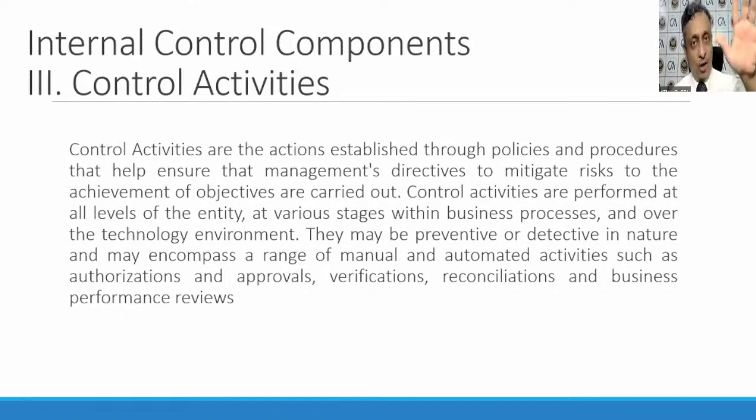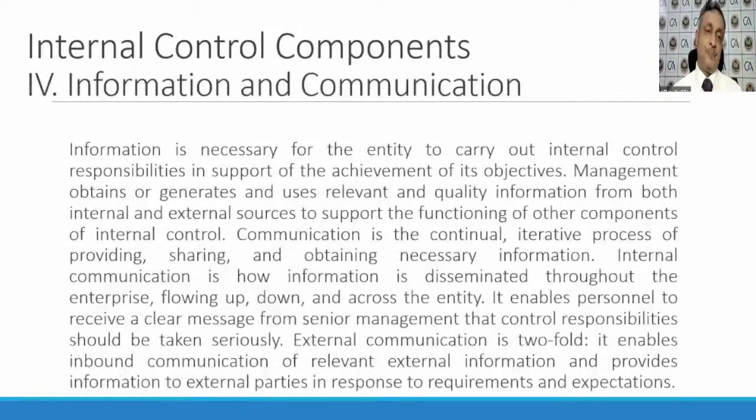So you have the thought process, you have the assessment, then you implement controls. This includes preventive, detective, manual, automated, authorizations, approvals, verifications, recons, business performance review. So these are all types of control activities.